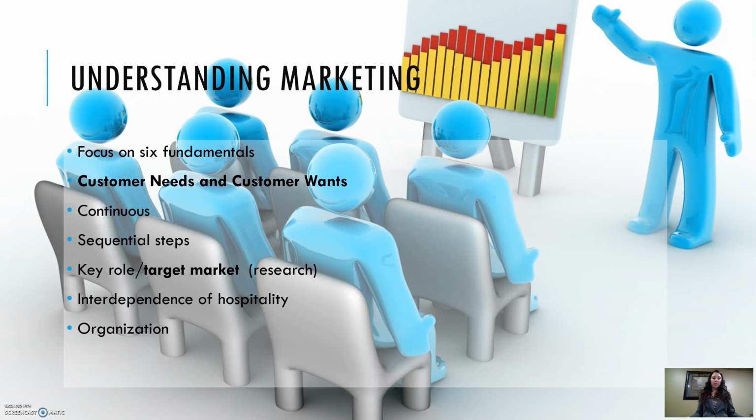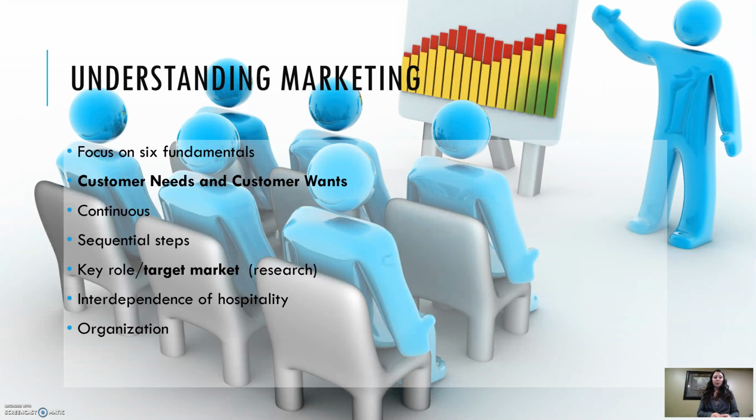We can't just stop there. Number 3 is the sequential steps in marketing, and those are very effective. That means going step by step by step, not skipping a step, not missing anything, really going through and focusing on what the business needs in order to make it to the next step.